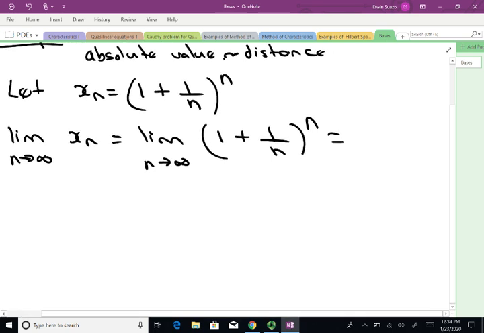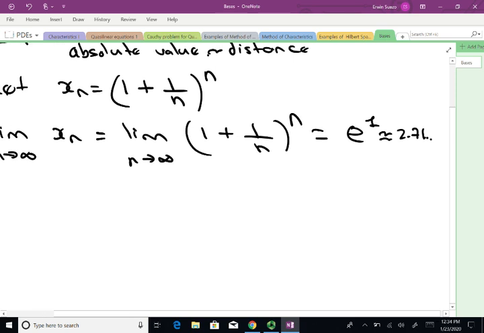So what does it give you? It gives you e to the 1. That's 2.71 something something something.